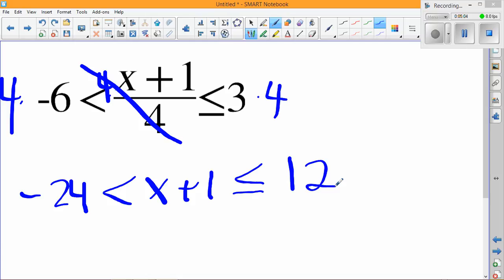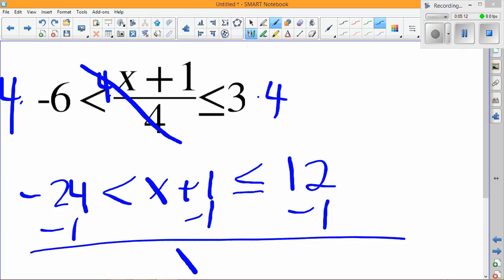And now all I have to do is get rid of that 1 that's being added onto the x. So I can just subtract 1 from all the terms, and I'll hit x is less than or equal to 11, and x is greater than negative 25.